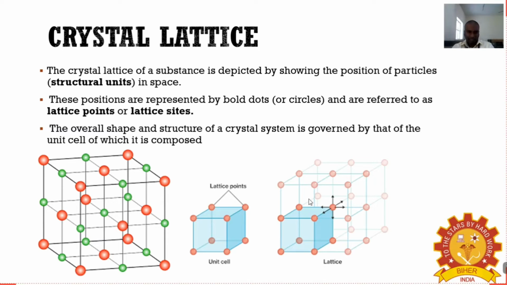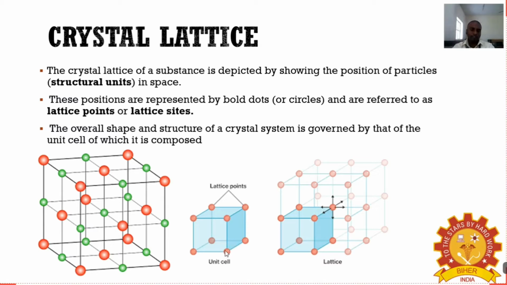So when we connect the ions or atoms present in that crystal with lines, we get a box-like structure. That smallest box is called the unit cell. Each corner of the unit cell has one atom, one point, which is called a lattice point.